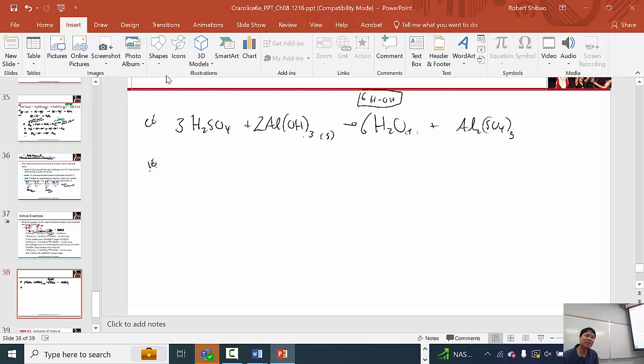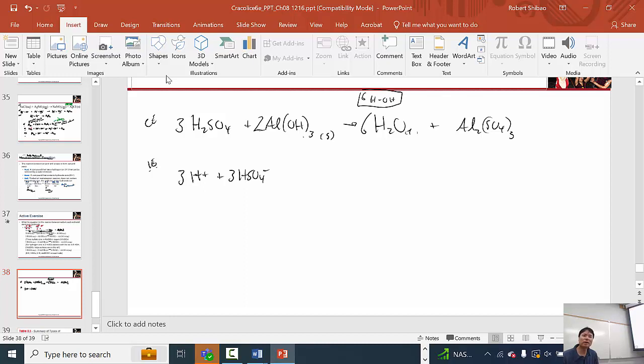Strong acid? Yes. Strong acids we break up into what? 3H plus, plus 3HSO4 minus.